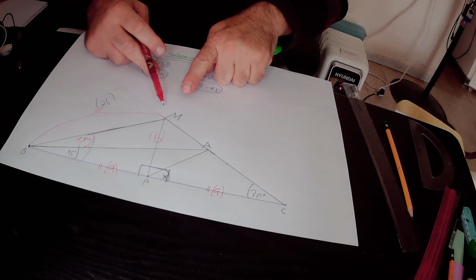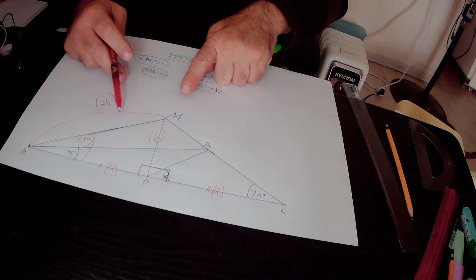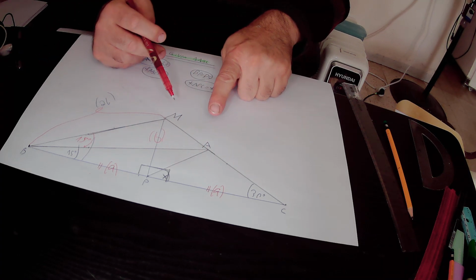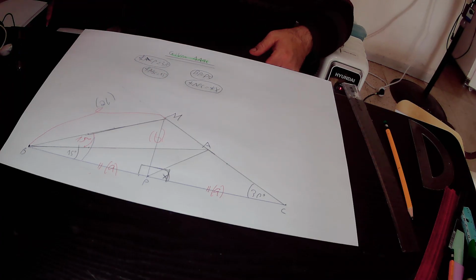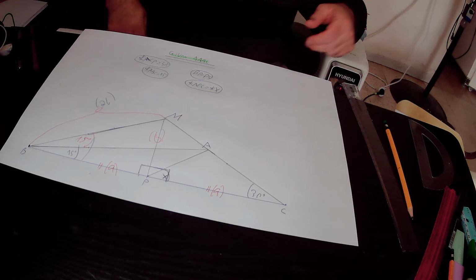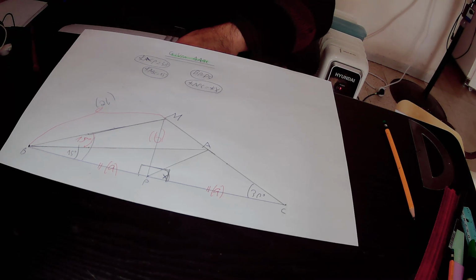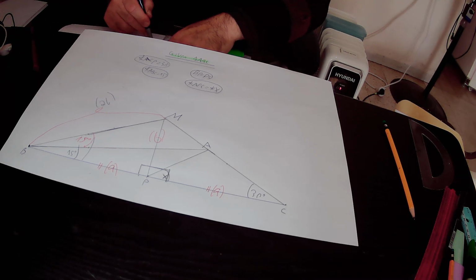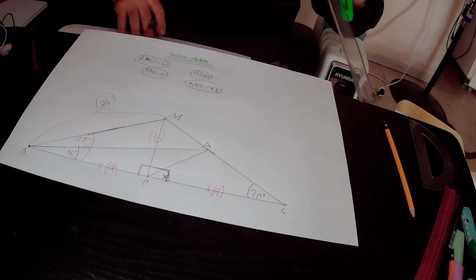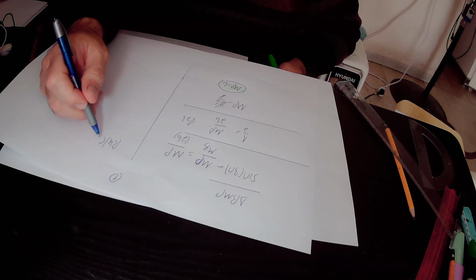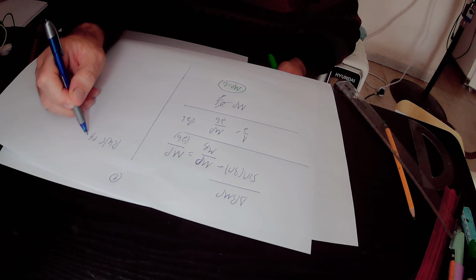That is to say, MB over BC equals MA over AC. Rule 19 is also defined as the angle bisector theorem.